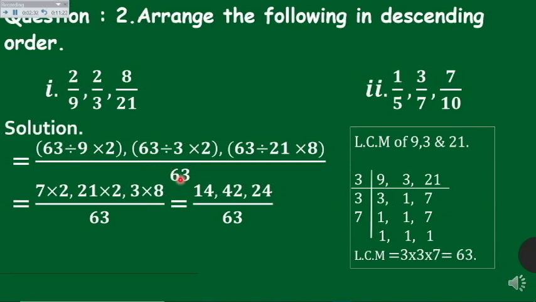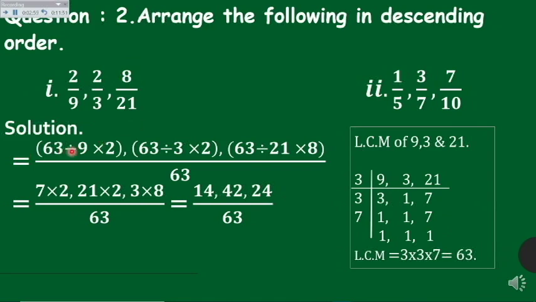Similarly here, 63 divided by 3 multiply by 2. What I am doing here, I am dividing the LCM by the denominator, then the result I am multiplying with the numerator.